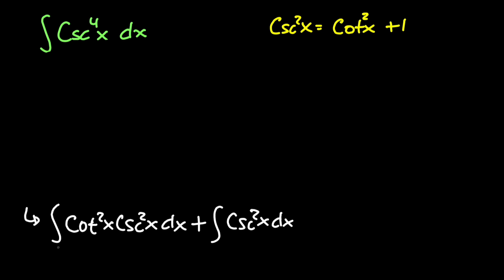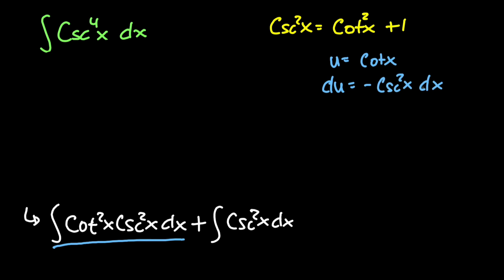And so we would focus first on this first integral. So let u here be cotangent of x. The derivative of cotangent of x would be negative cosecant squared of x dx. So what we have here would be equal to the integral of cotangent squared of x, it would be u squared multiplied by cosecant squared of x dx.